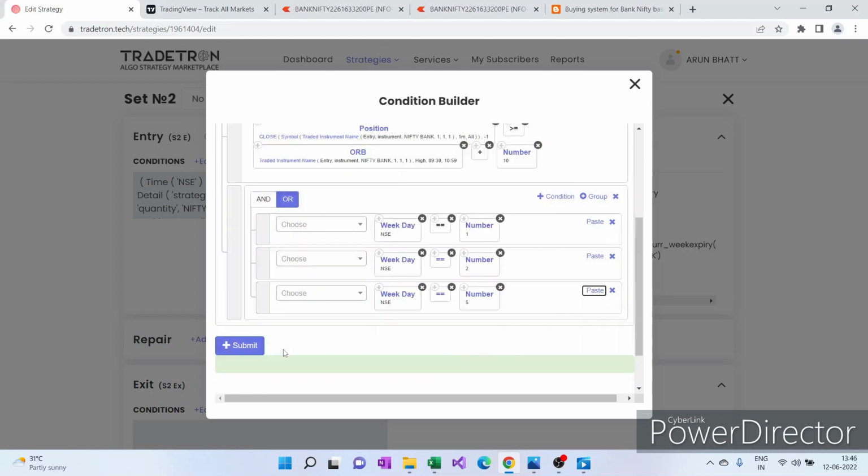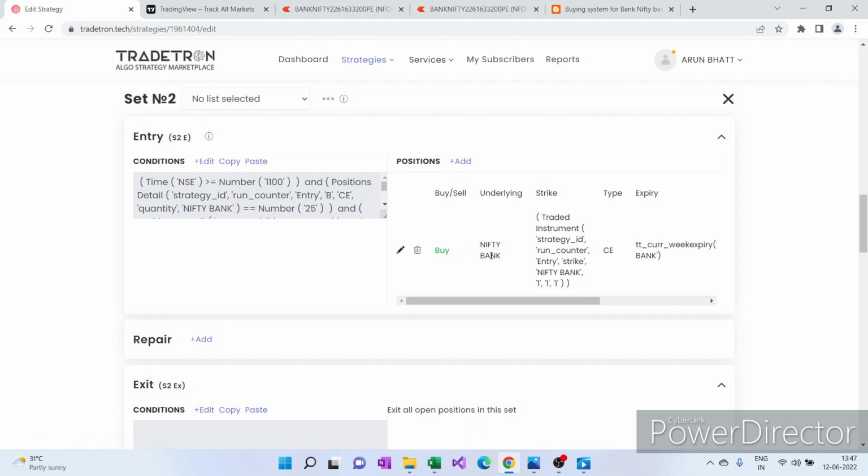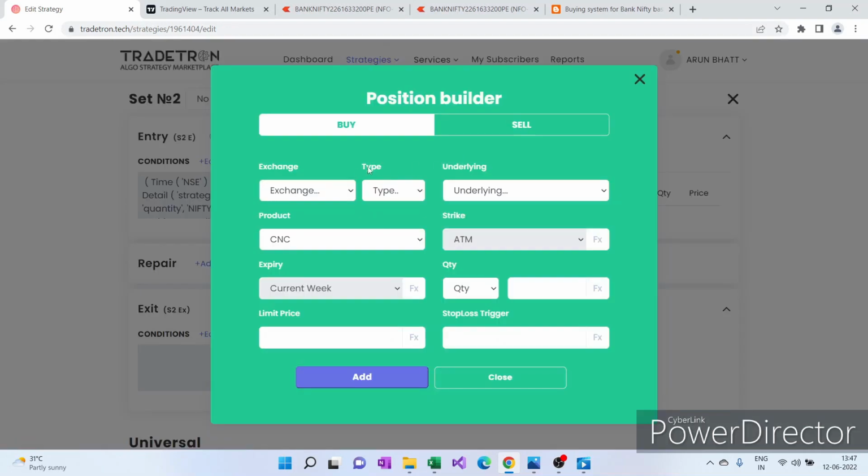So now we have put this day condition, and what we'll be doing is buying the C option. So whatever we bought in set 1 leg 1, we'll be saying call.